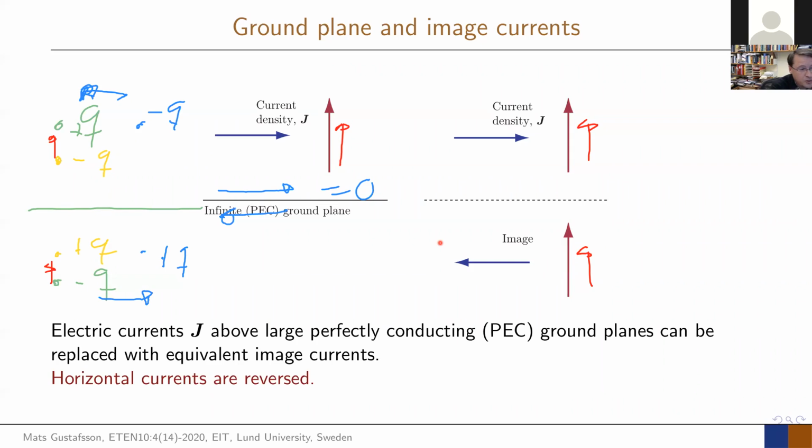It gets short-circuited, so it should disappear, which also makes sense then that the horizontal currents short-circuit each other, so they cancel each other. They have to go in opposite direction, while vertical do not change.